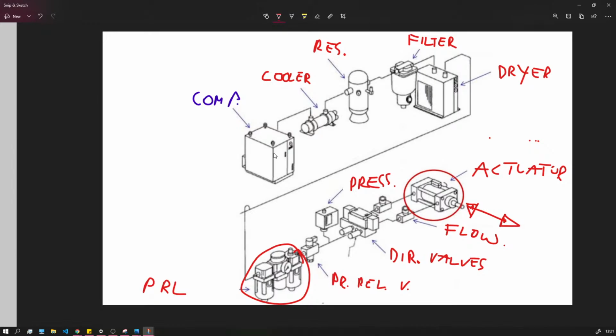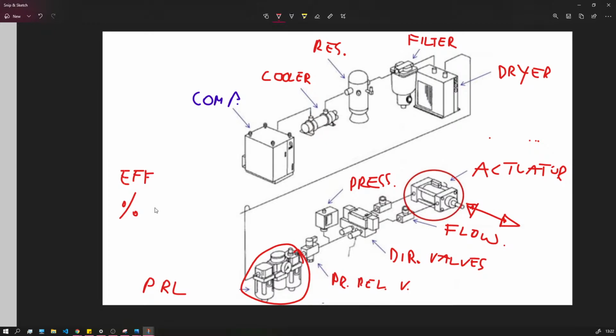So we are distributing the produced compressed air energy throughout the system. What do you think happens with the efficiency, the percentage of efficiency, if we go through all of that?